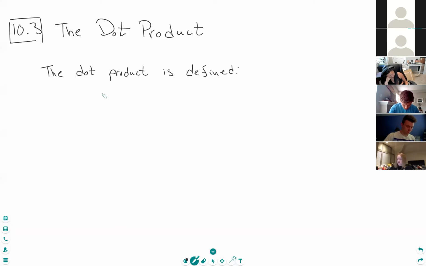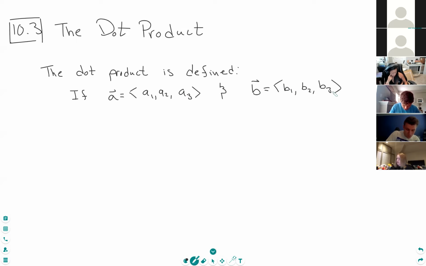is defined if we have some vector A, and we'll do this for R3. We have A1, A2, and A3, and we'll have a vector B, which is B1, B2, and B3.